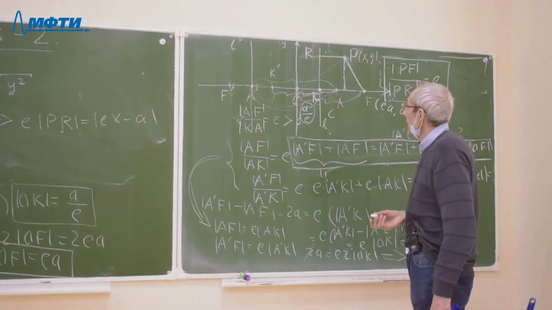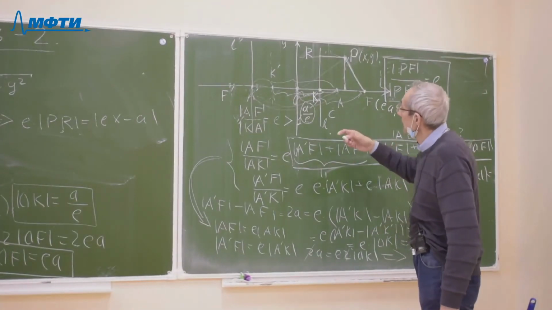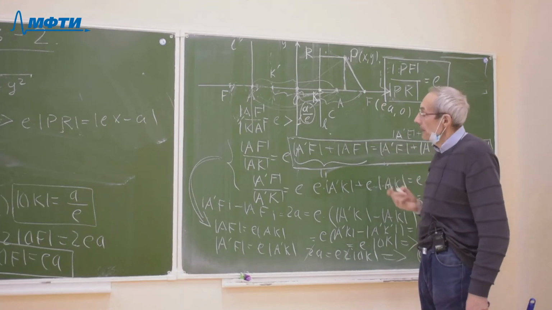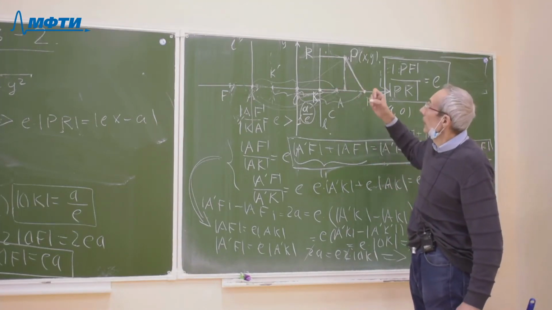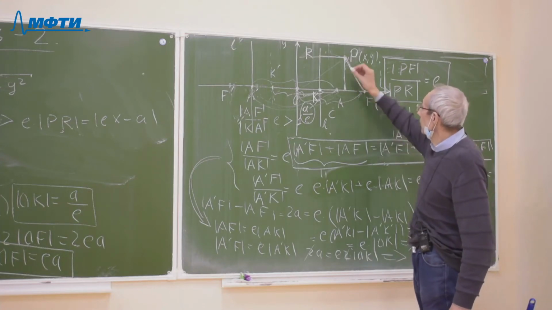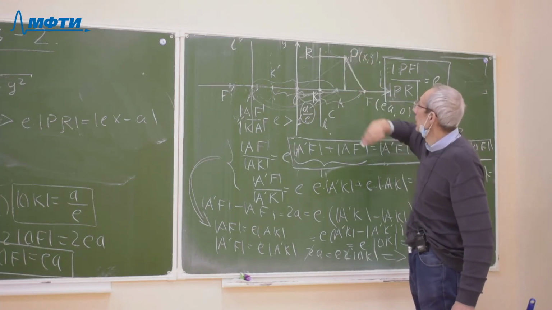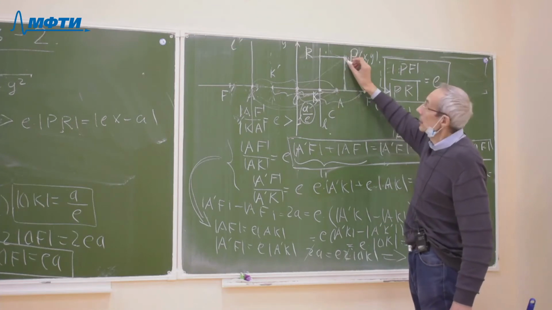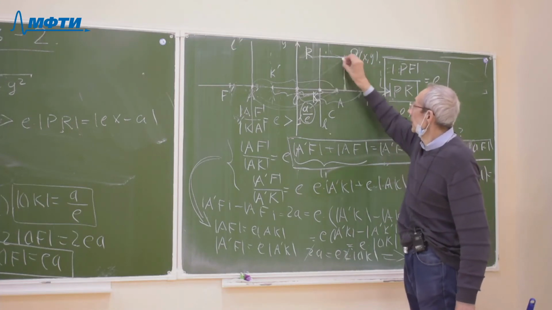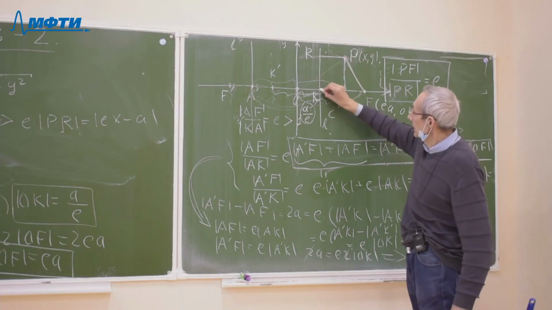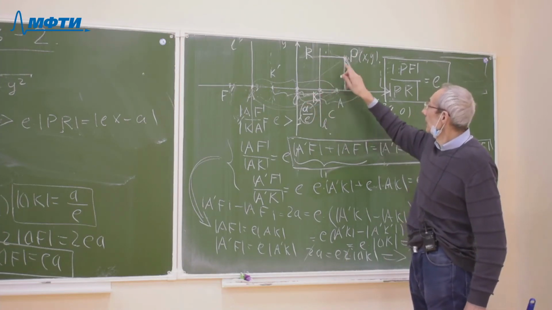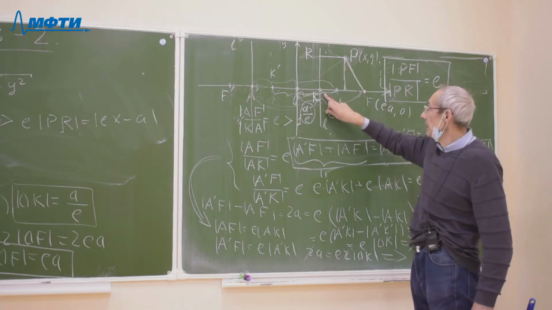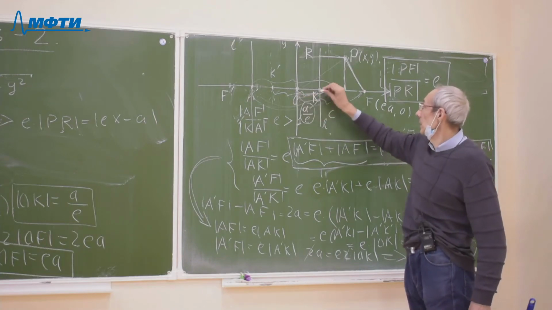How can we try to draw the hyperbola on our picture? The moving point P moves such that this ratio is constant. At this point, P coincides with K, and the distance between K and O is minimal.